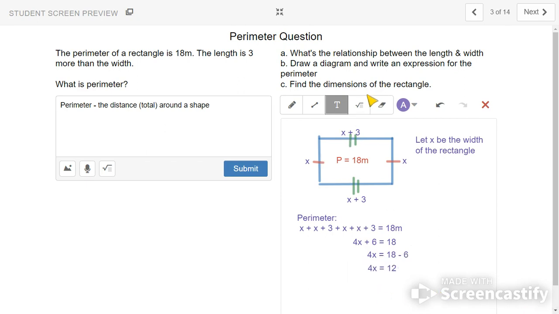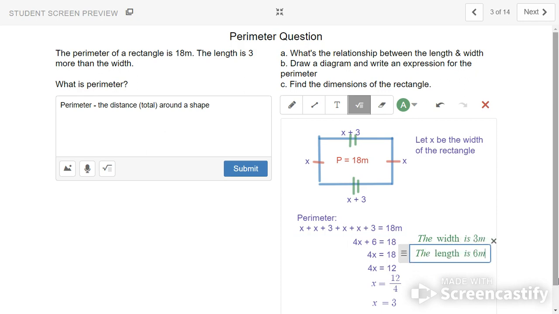And now we're going to divide 12 by 4. X is equal to 12 divided by 4. X is equal to 3. The 3 tells us what the width is. We know that the width is 3 meters. So that means the length is going to be 3 more than that. The length is 6 meters.